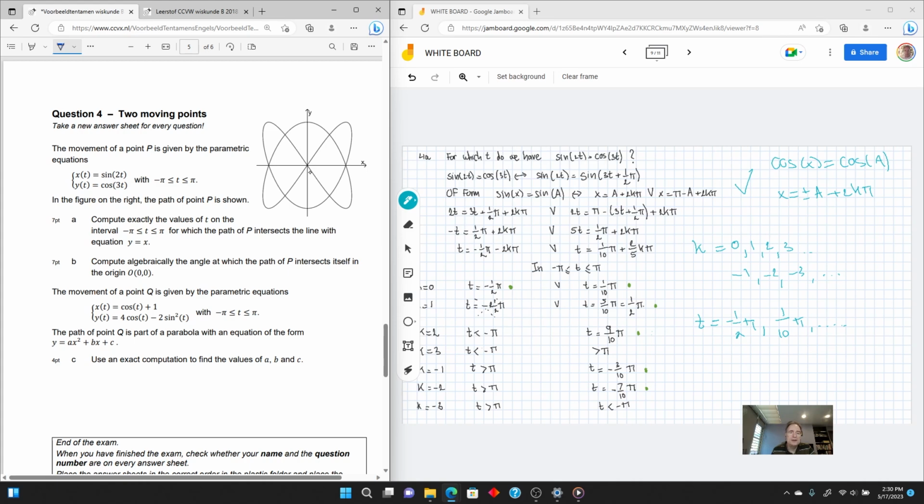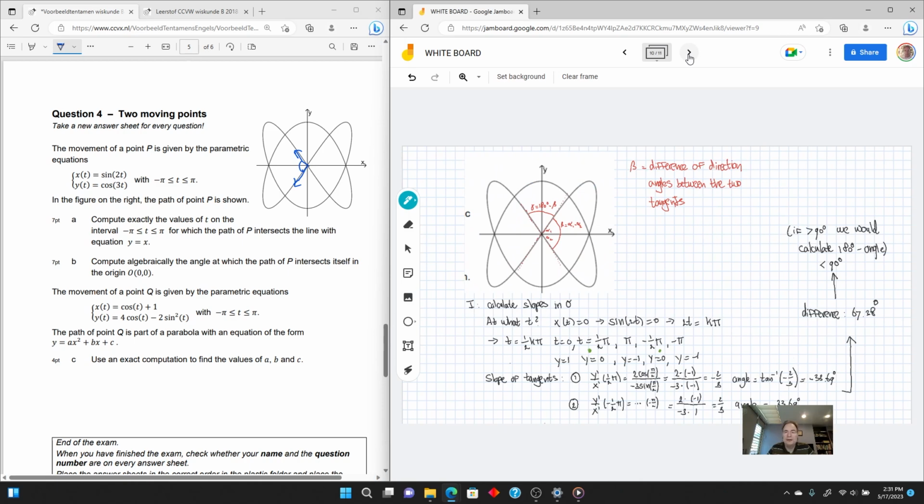So at the origin here, it will move here, and then it will, what's the next time? Just follow the curve. Here it will again pass the origin. So what is the angle that it intersects itself? So basically asking this angle here.